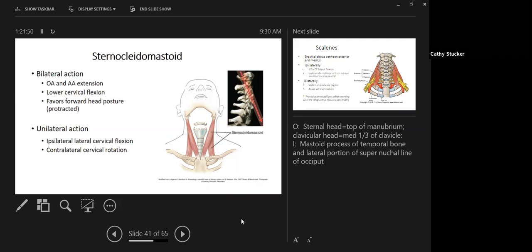It impacts the cervical spine differently because of the way the axis of motion crosses the cervical spine. On that picture there, you can see the axis of motion is going to be anterior here. So you're getting extension of the upper cervical spine, and then it crosses this way, and now you've got flexion because of its line of pull.